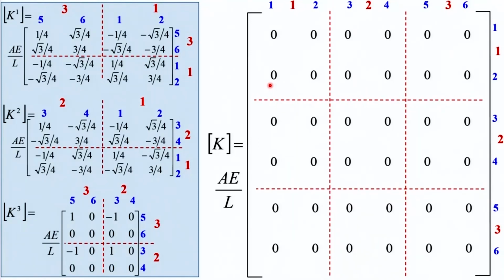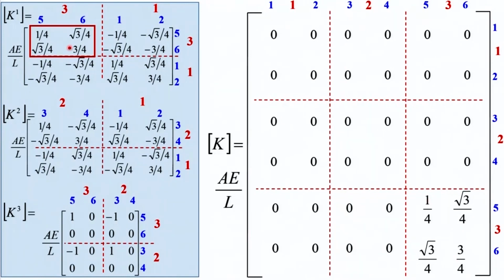Let's first take element number 1, and the first block. The first block is between 3 and 3. Now let's see here, we have 3 and then we have 3, so this corresponds to this block, and this information will be put here.